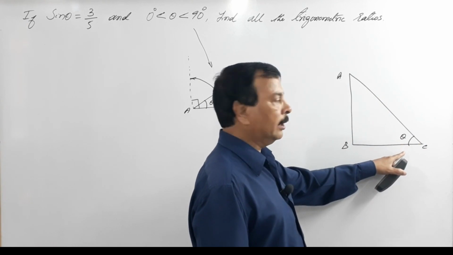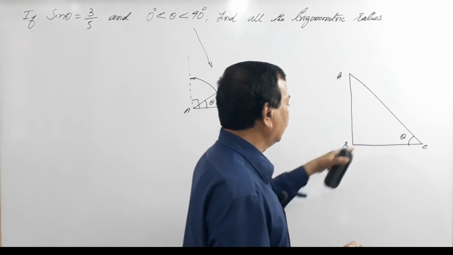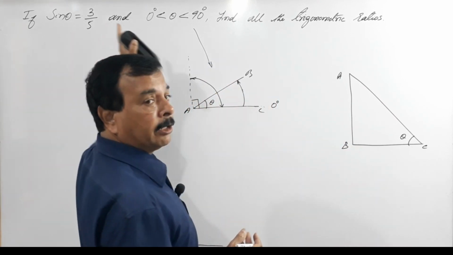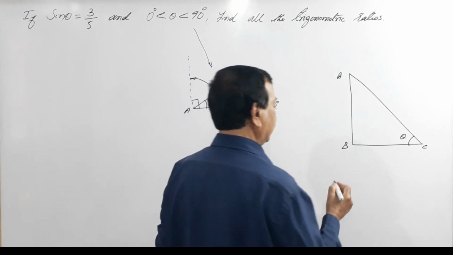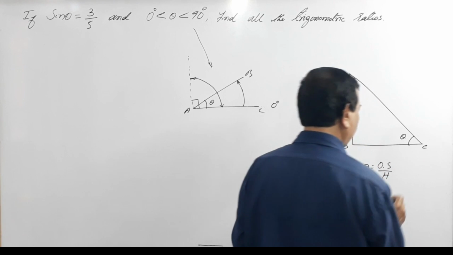If this is theta, the opposite side is, as I have taught you in the previous class. So now let us, without wasting our time, what I said, sin theta equals 3/5. So what does it mean? What is sin theta? Opposite side by hypotenuse.